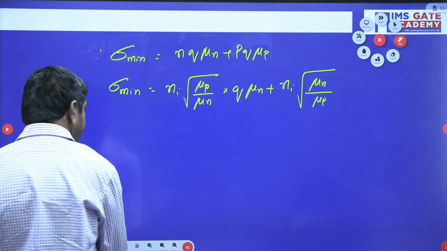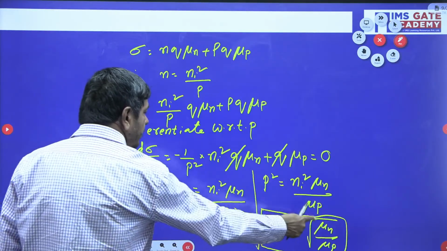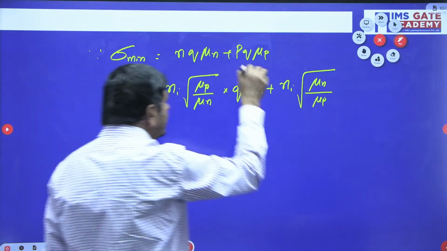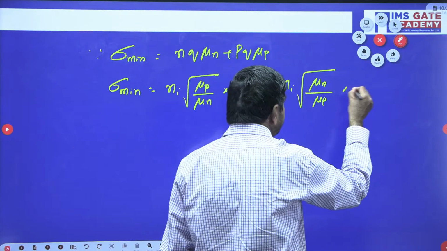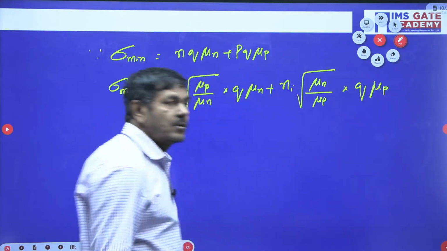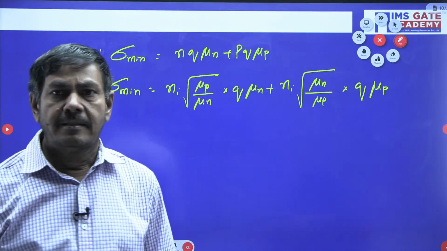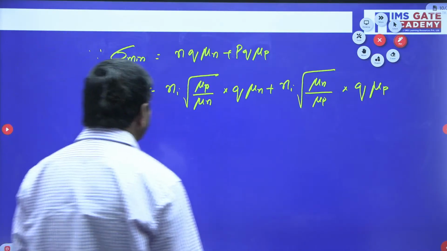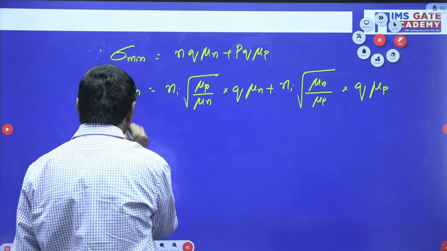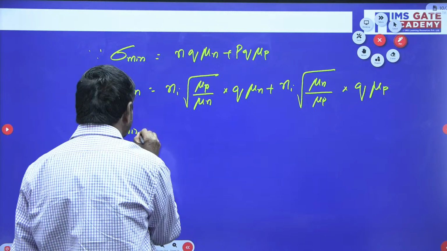Already done. P equal to ni into root of mu n by mu p into q into mu p. There we can take what now, here the root times mu n is cancelled here now. The minimum conductivity I can get formula like this.